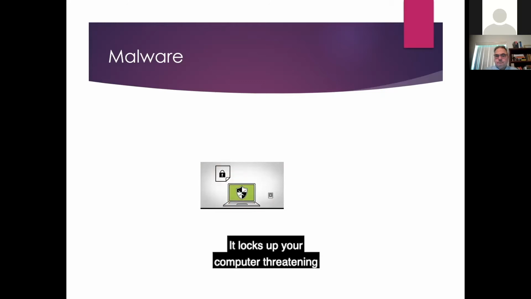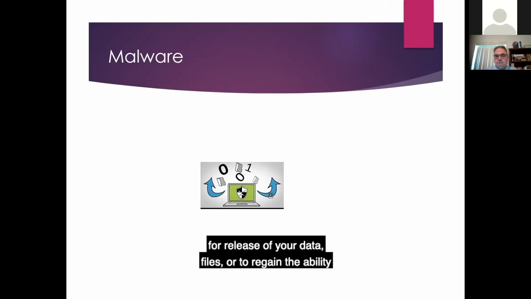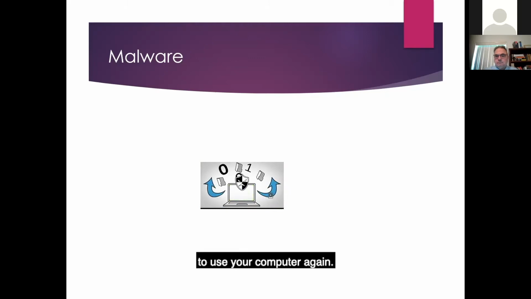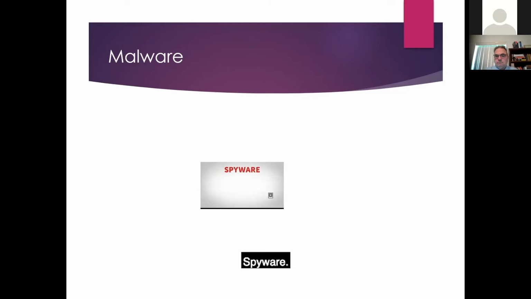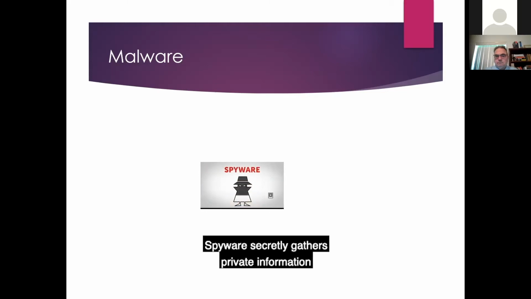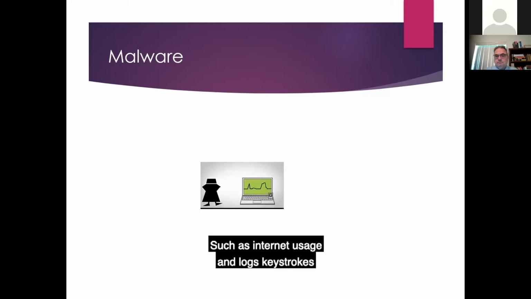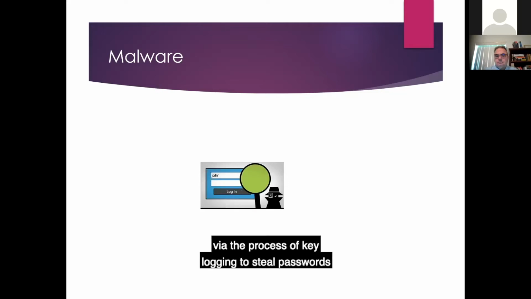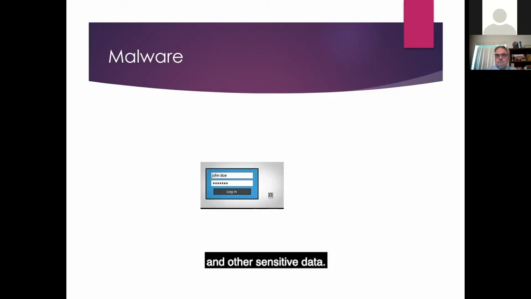It locks up your computer, threatening to destroy data, demanding ransom or a payment for release of your data, files, or to regain the ability to use your computer again. Spyware. Spyware secretly gathers private information about the user activity, such as internet usage, and logs keystrokes via the process of keylogging to steal passwords and other sensitive data.